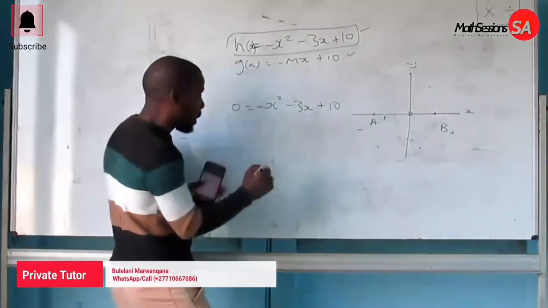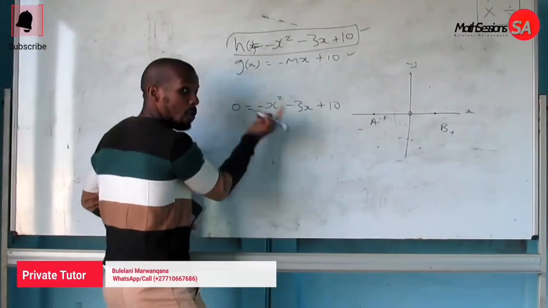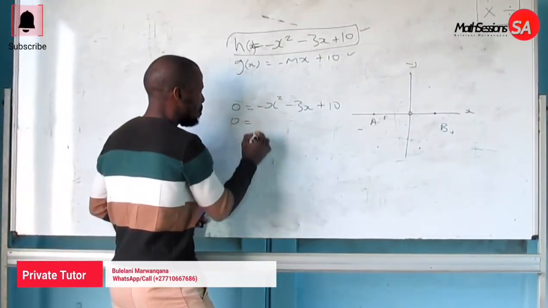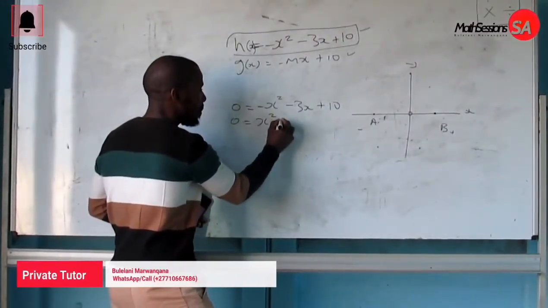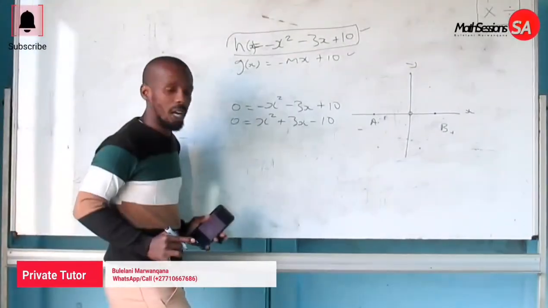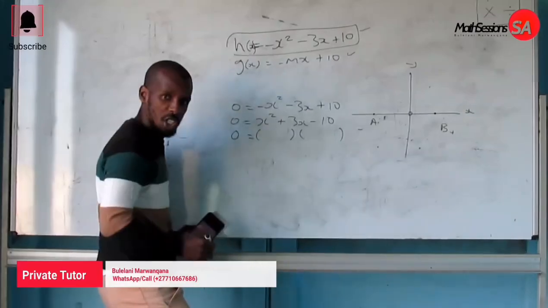Now we are going to factorize. Because we have a negative, we deal with it by multiplying through by a negative sign, making things very easy for us. Meaning 0 is equal to x squared plus 3x minus 10. Then we start to factorize: 0 is equal to, open the brackets.